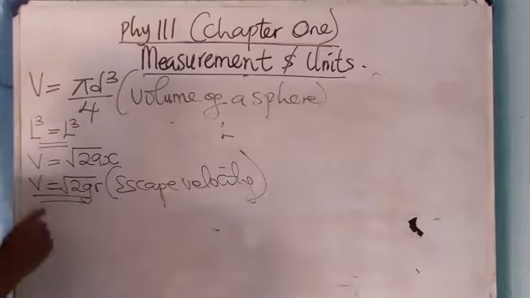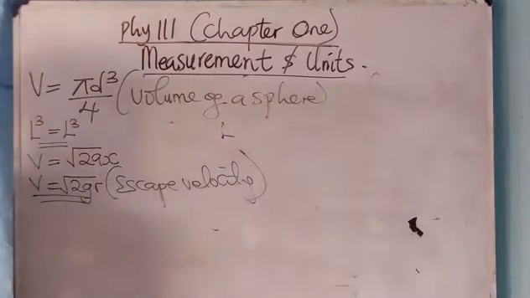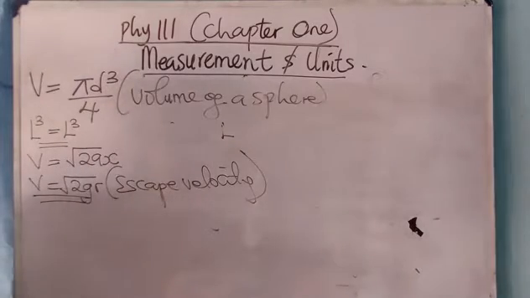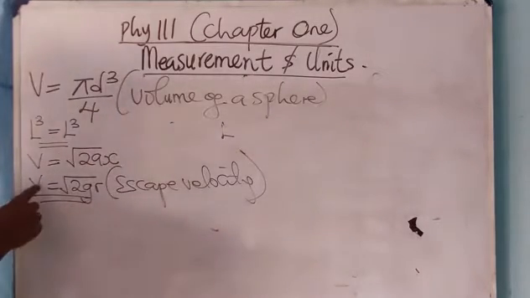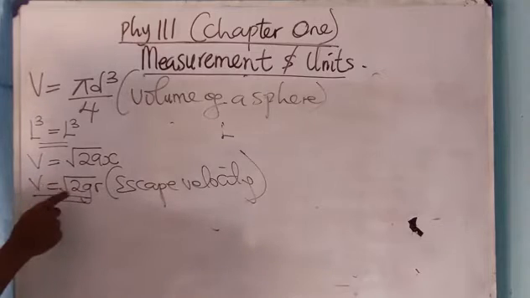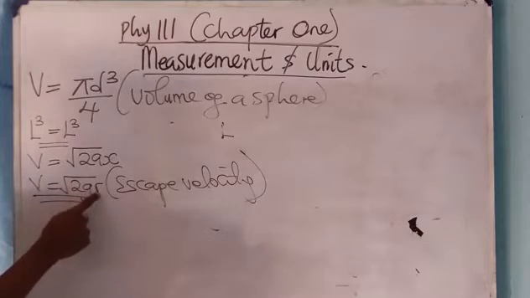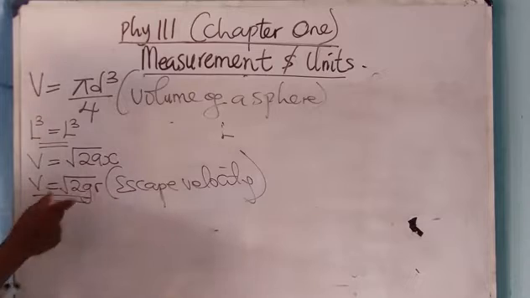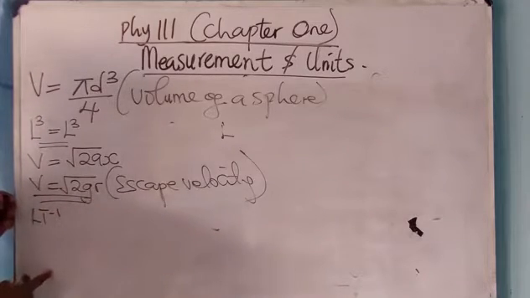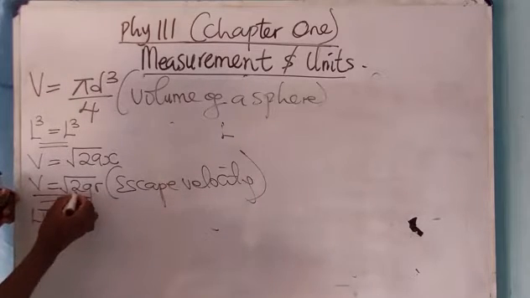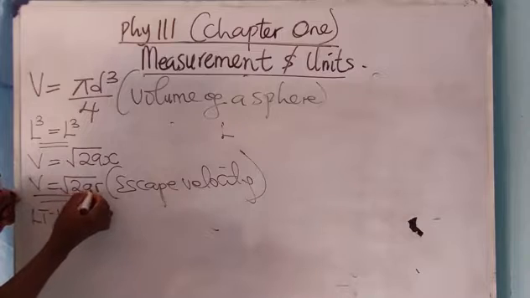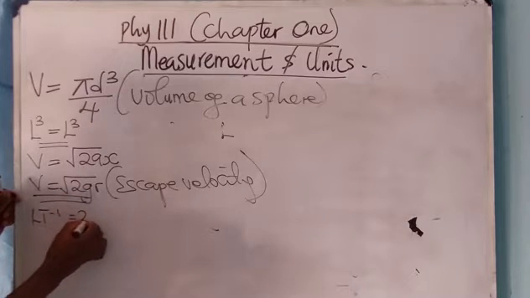Okay, so we stopped at escape velocity. I said it is the energy required for a body to leave the surface of the earth to space. Now this is velocity, and this is root 2gr. Velocity is LT⁻¹.